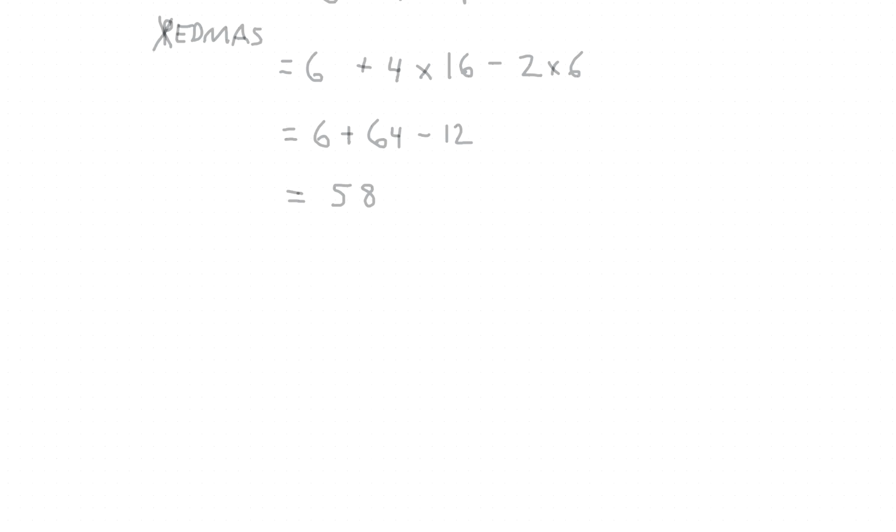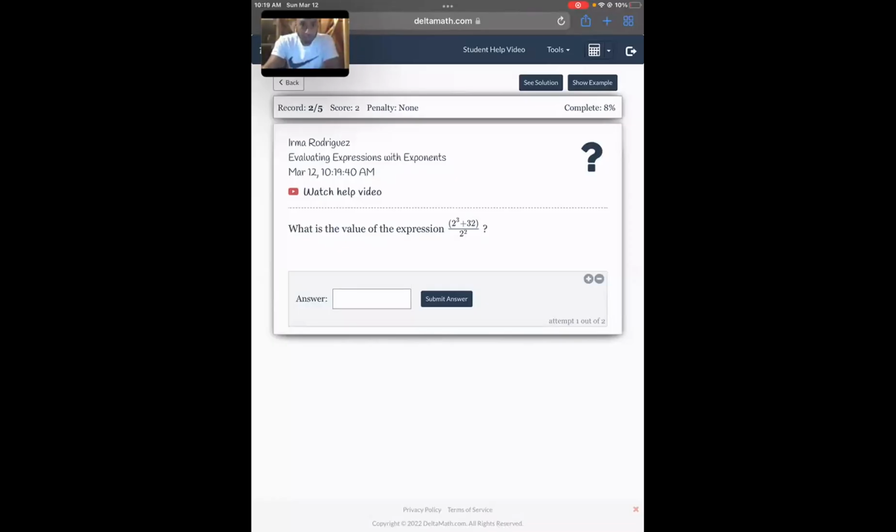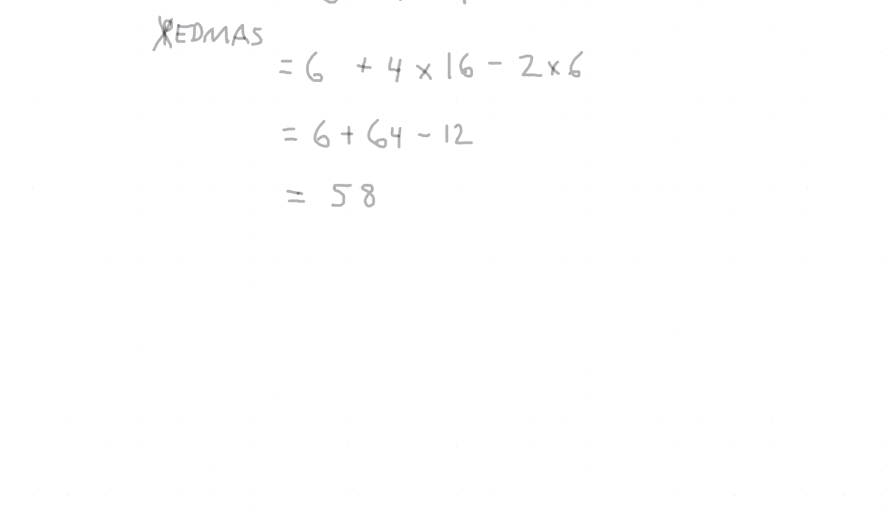Third. Can you see my screen? Let me close that. What is the value of the expression? Okay. Yeah, I can see it. Let's go to the whiteboard. 2 to the third plus 32 over 2 to the second power.